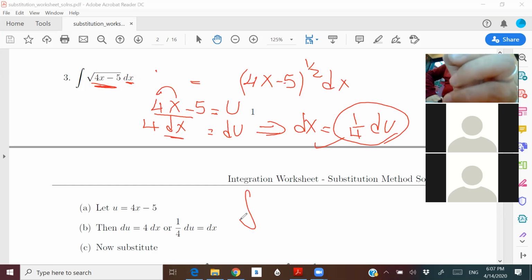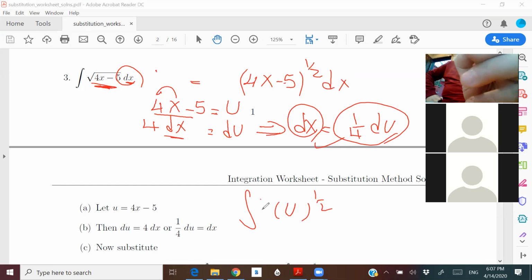The integration becomes, instead of 4x - 5, u^(1/2), and instead of dx, 1/4 du. It becomes easier, and now we can substitute.